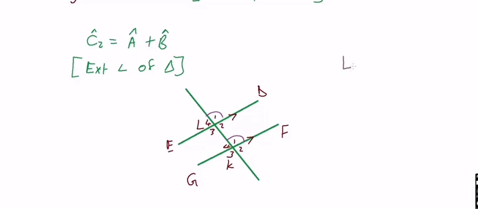So L1 equals K1, and the reason for that is corresponding angles. And why do we have corresponding angles? Because of the parallel lines. DE is parallel to FG.